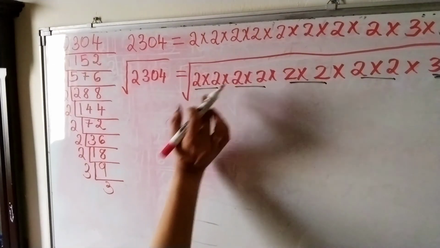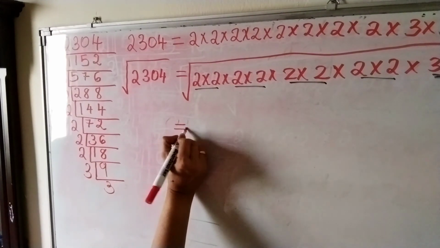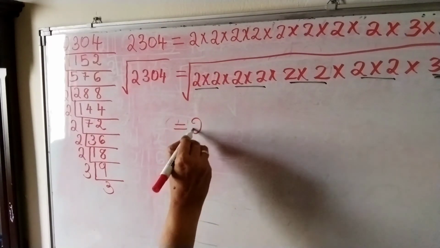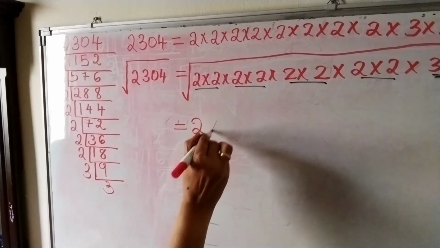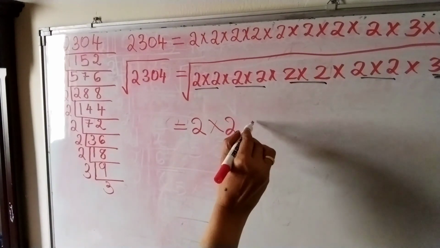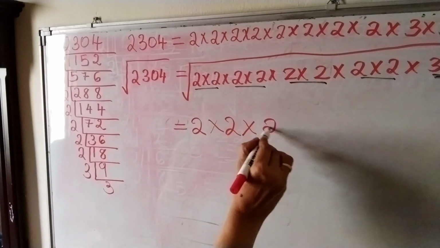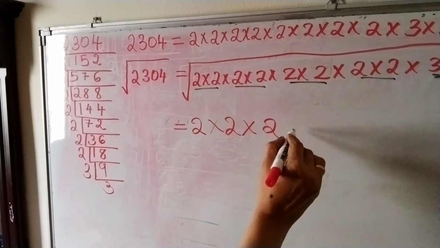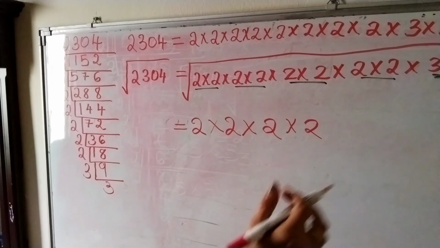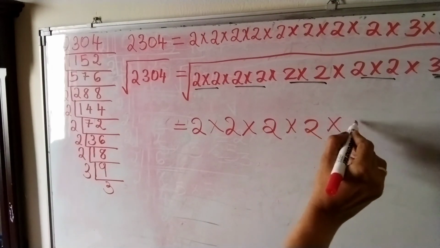From each pair, you take one number. From the first pair you take 2. From the second pair you take 2. From the third pair you take 2. From the fourth pair we take 2. From the fifth pair we take 3.